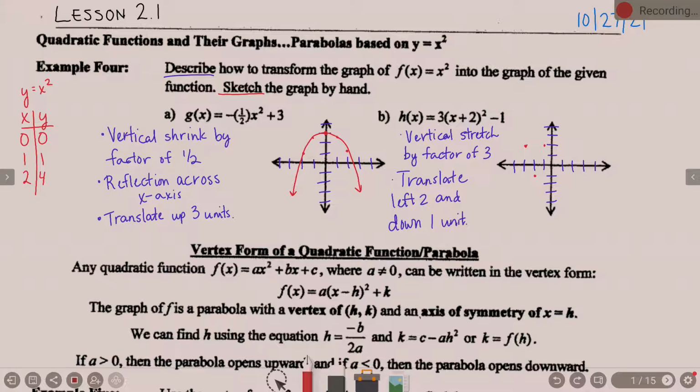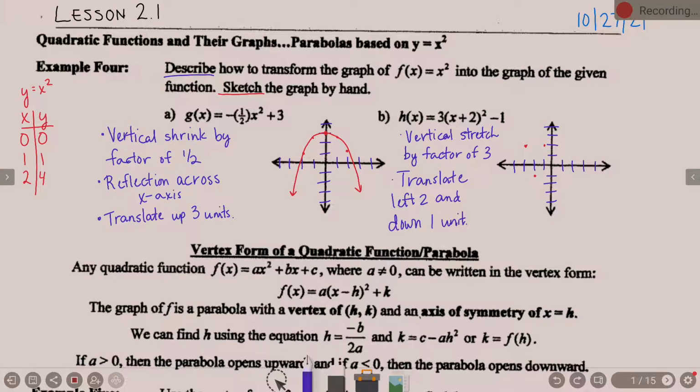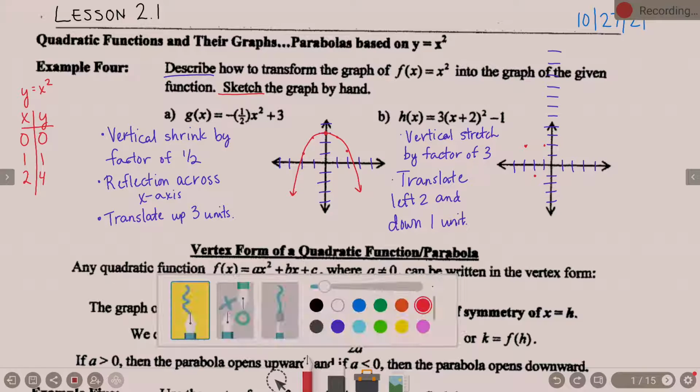And then what about our next one? We're supposed to go over 2, up 4, but the stretch of 3 says we're going to go over 2, up 12, because the 4 times a stretch of 3 means up 12. So this is going to be a very tall, skinny guy, right? So officially, I'm going to have to make more marks up here. I marked up to 11 since I'm starting from 1 below the x-axis, that would work there.